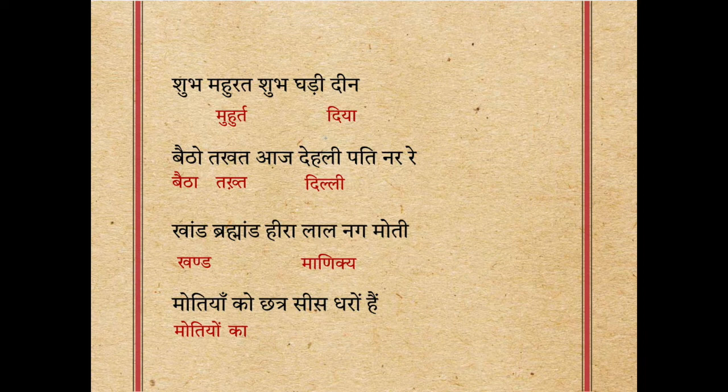Chatra, you'll know from the dictionary, is a parasol, an umbrella. It's basically a piece of cloth or sometimes made of other material, a dome-like object, which is kept above a ruler. And sisa. Sisa is a tatbhav form of shirsha from Sanskrit, which means head.